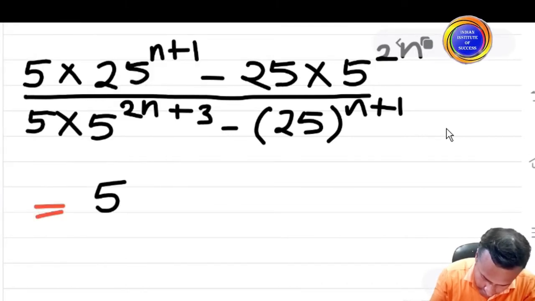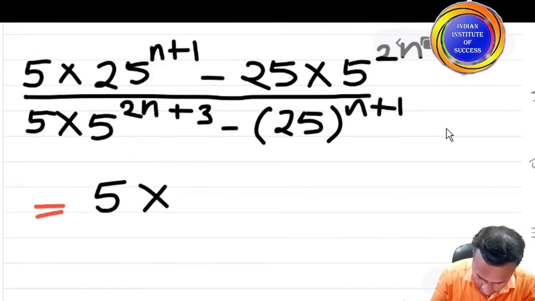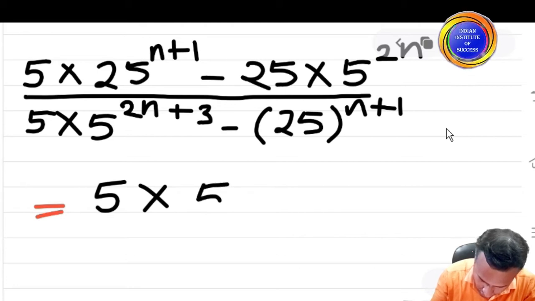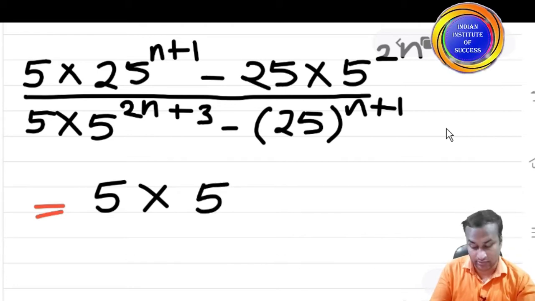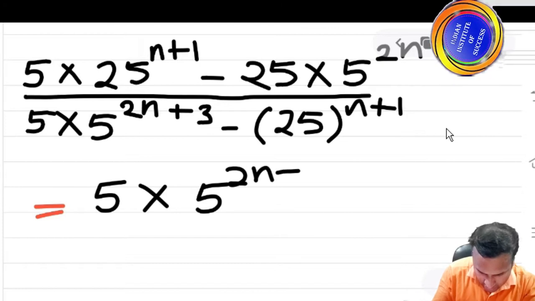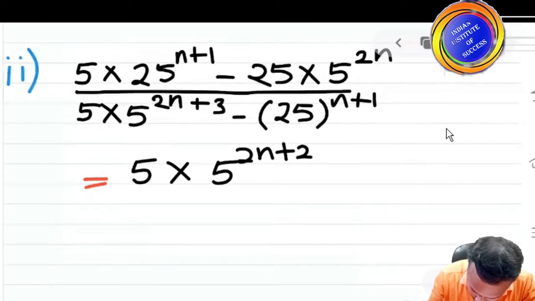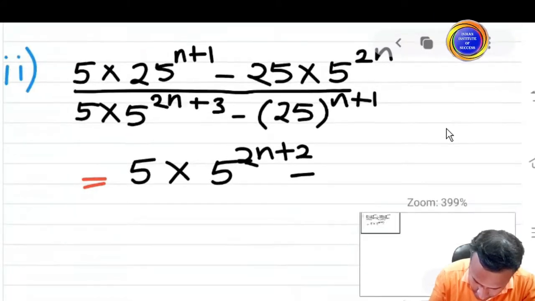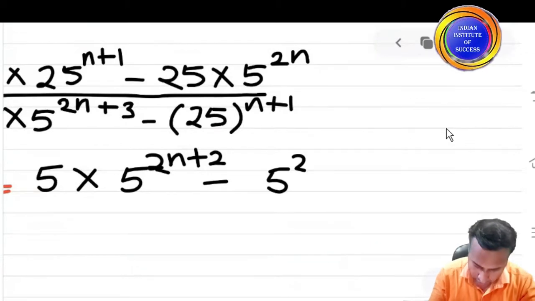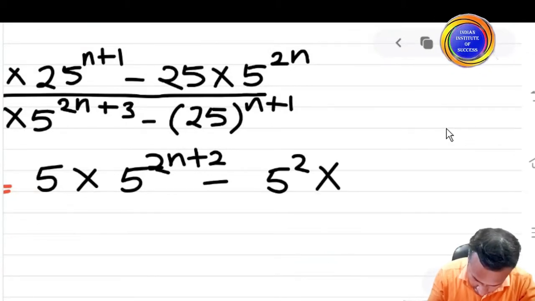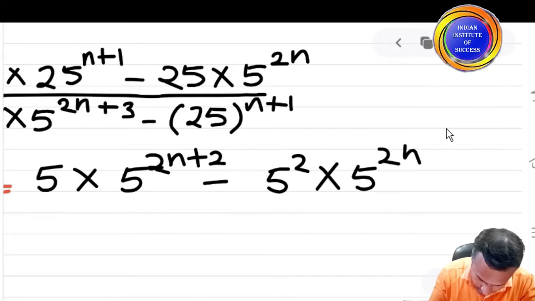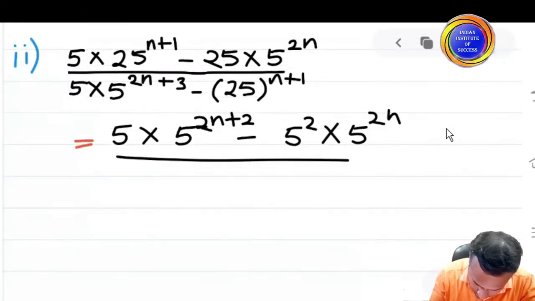Now first, 5 into, here we can write 5 raised to power 2 into n plus 1, it will become 2n plus 2, then minus 5 raised to power 2 into 5 raised to power 2n. Here we have to do this.